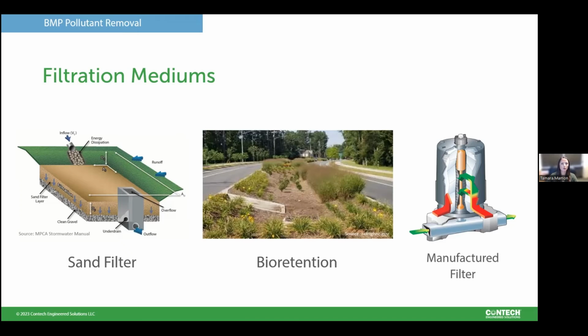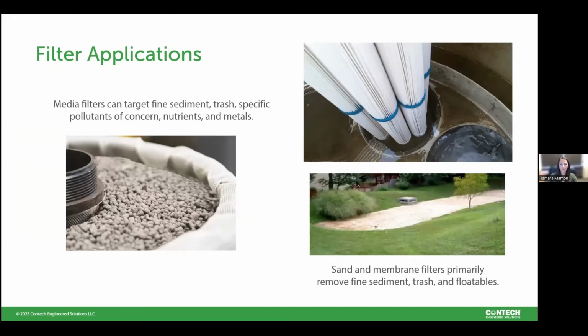So how do you know when to use all of these different options? If you're looking at a conventional system, like a sand filter, I'm going to focus on sand filters and conventional. Dan will talk about bioretention in the next section. As I mentioned, sand filters and membrane offerings will primarily target sediment, trash, and floatables. Now, this isn't to say that they can't remove nutrients or metals.